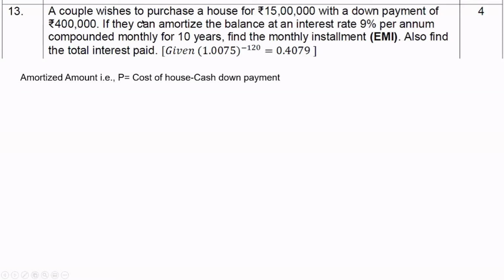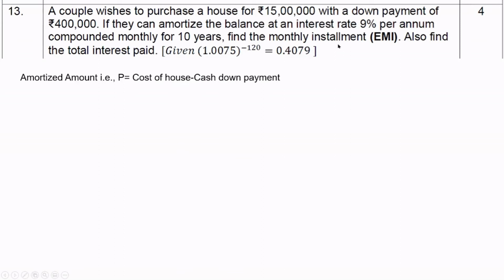Here a couple wishes to purchase a house for rupees 15 lakhs. So this is the cost of the house, and down payment they are giving rupees 4 lakhs. And then they are going to amortize the balance at an interest rate of 9% per annum. This is compounded monthly for a period of 10 years.